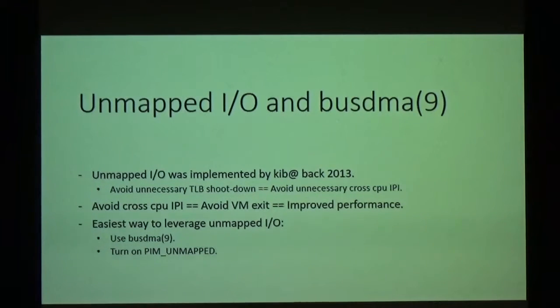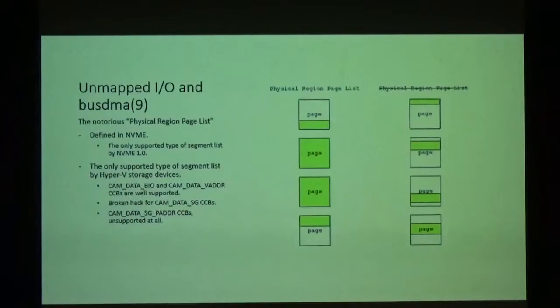The VMX exit actually impacts the performance most. So if you avoid the VMX exit, you improve the virtual machine's performance itself. But how to utilize the Unmapped I/O? It's actually pretty simple in FreeBSD. We just switch to busdma APIs and then turn on the unmapped I/O flag in the driver.